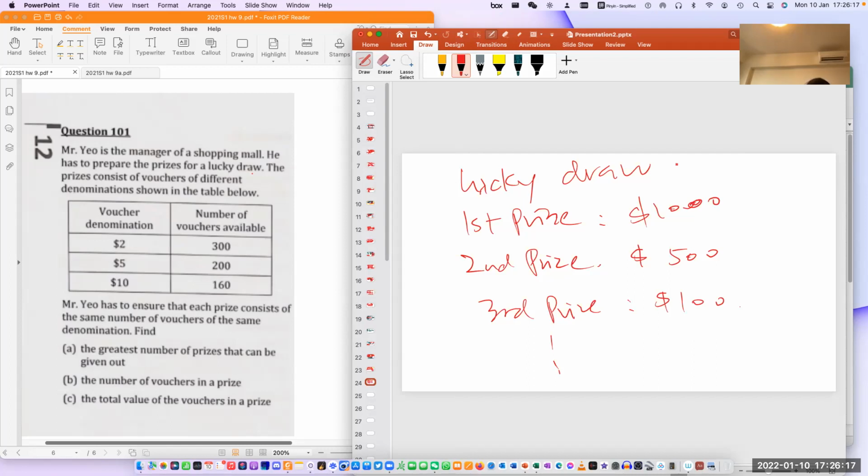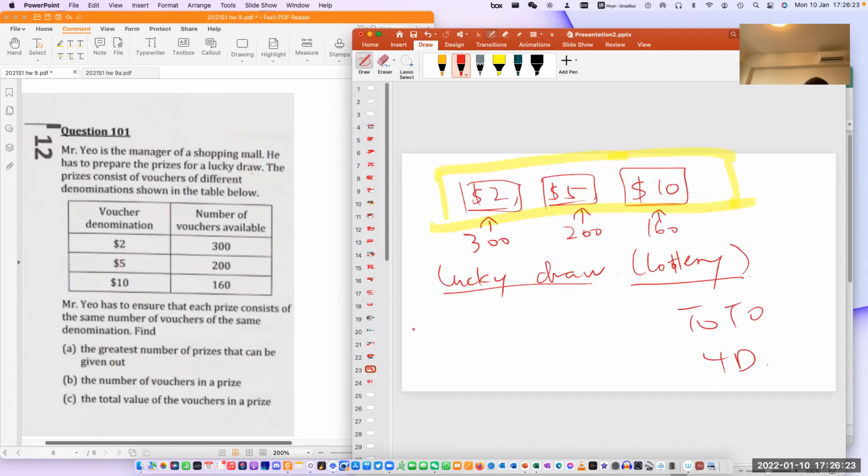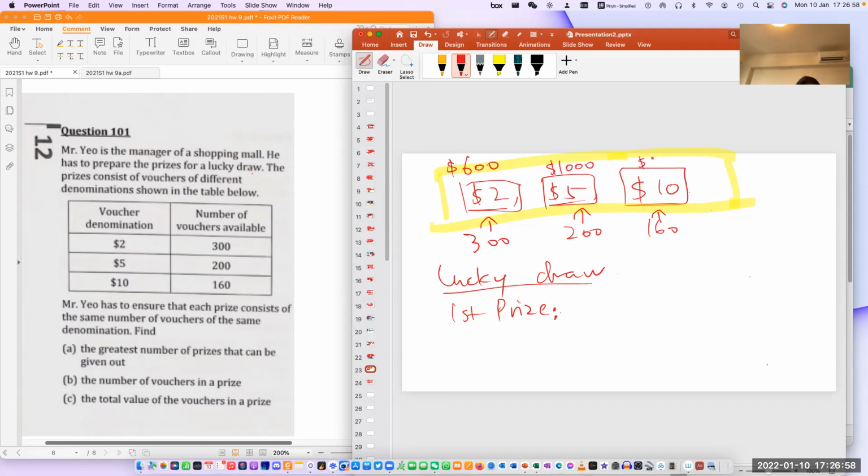Now they say the greatest number of prizes that can be given out. So given this, what is the first prize that you can give out based on the vouchers you have? If you sum up all this, the total amount is 600 for the $2 note, this will be 1,000, this will be 160.